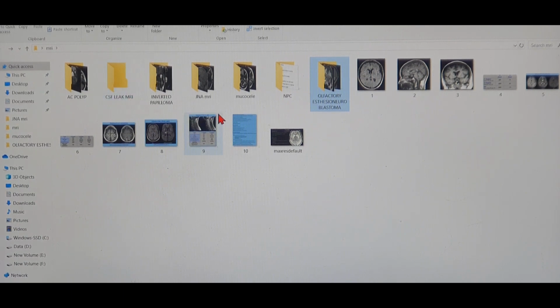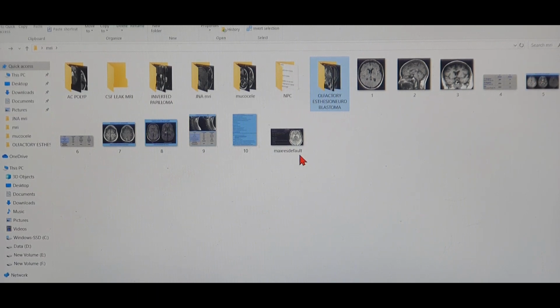Also, we know that intrathecal fluorescein is banned in India, so we cannot use that for CSF leak detection. So we can use gadolinium instead of intrathecal fluorescein, because fluorescein can have complications such as meningitis and various complications like that. So I think I've covered almost all the MRI scans in different conditions and the different basic aspects of MRI.